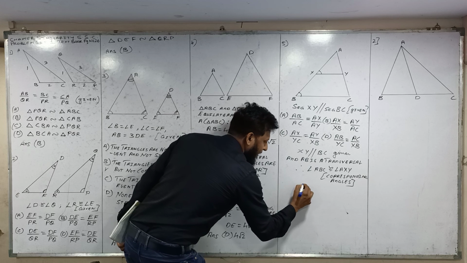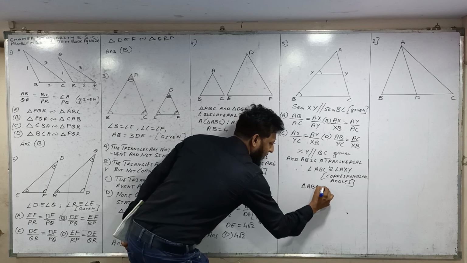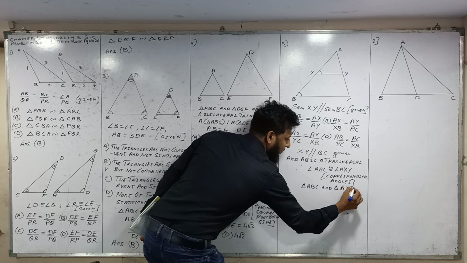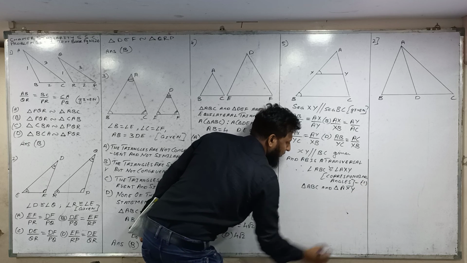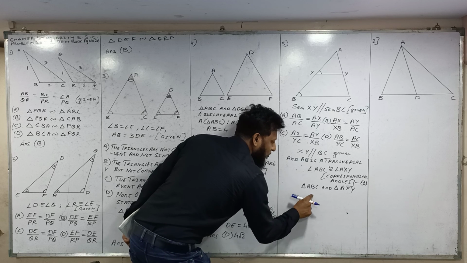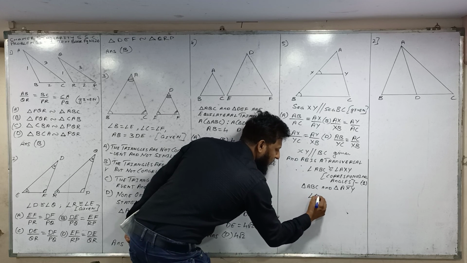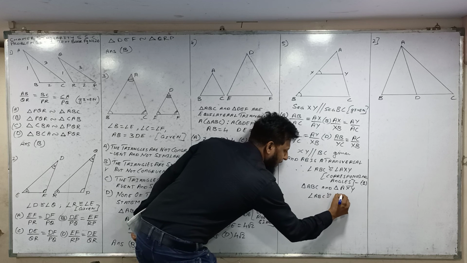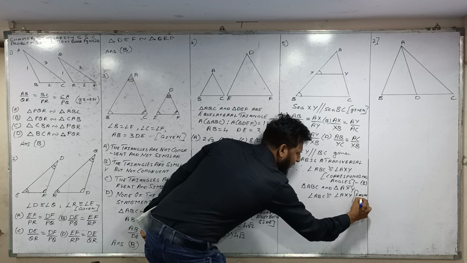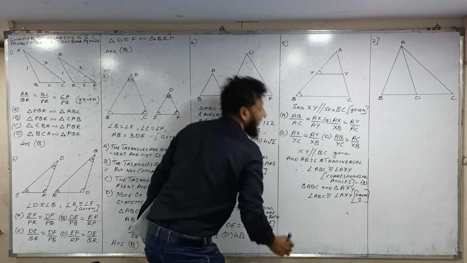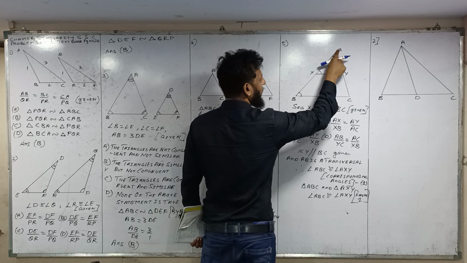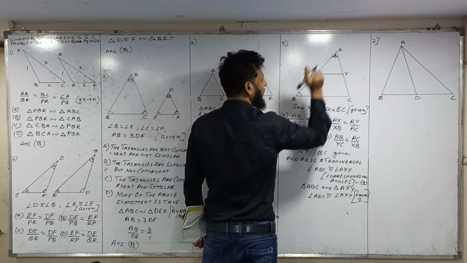So now we are taking triangle ABC and triangle AXY. We are giving this number 1. We have proved angle ABC congruent to angle AXY by corresponding angles. So in these two triangles, angle ABC is congruent to angle AXY from 1, and you see this angle A is common in ABC and AXY.